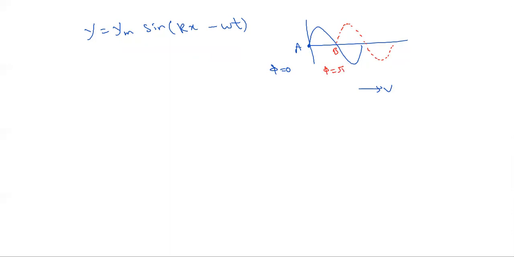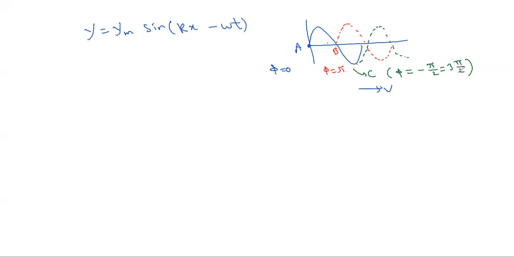Or what if my wave is going to start from this position? So let me call this point C, and my phi here is either minus pi by 2 or 3 pi by 2. So it means I need to add a phase constant in my original equation. And that phase constant can be positive, can be negative, it depends upon the direction of the wave.